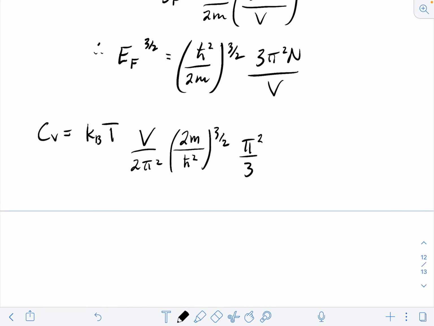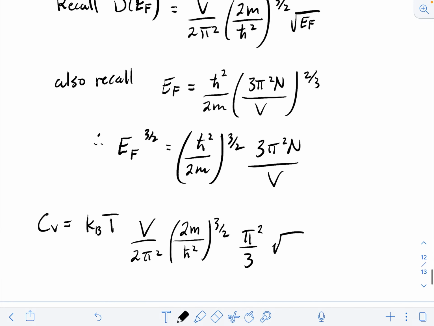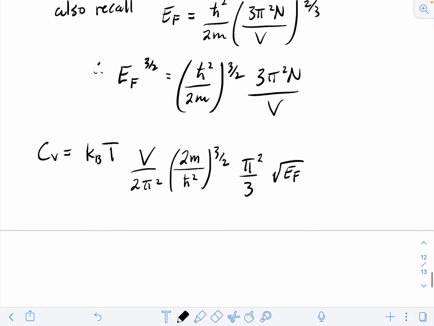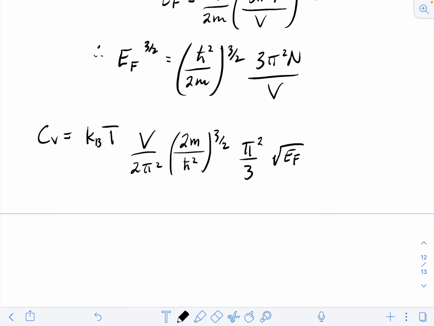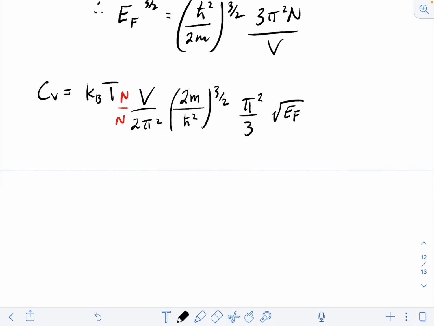So pi squared over 3, and then we have the square root of the Fermi energy. Okay, let's just sneak in a factor of 1. And our factor of 1 is going to be n over n.